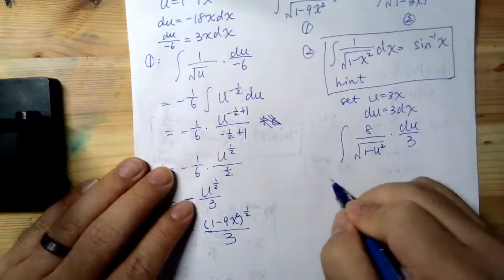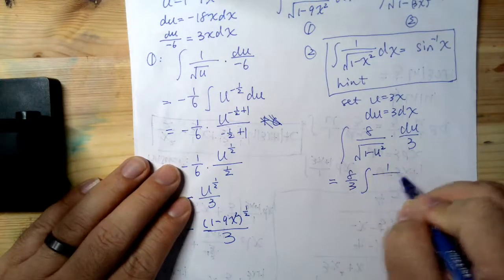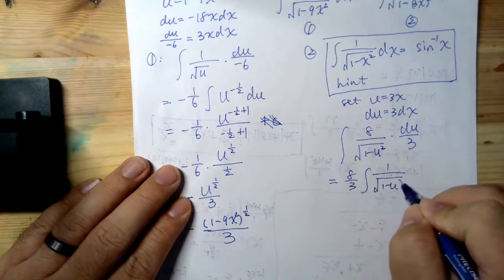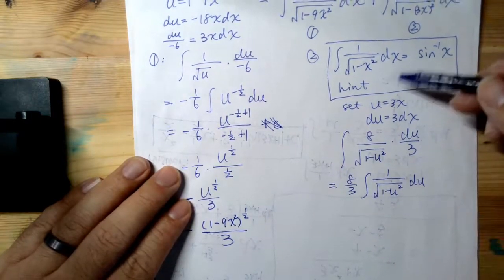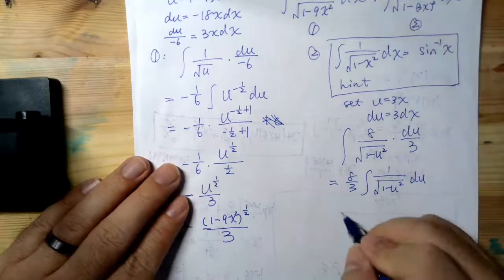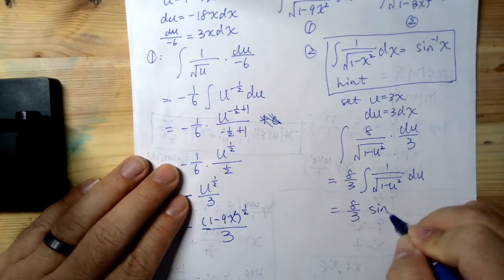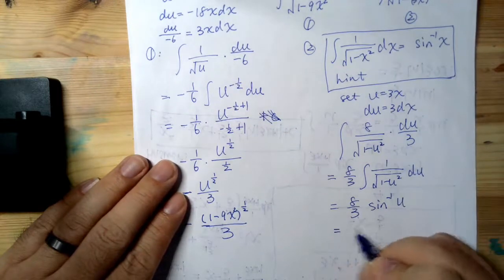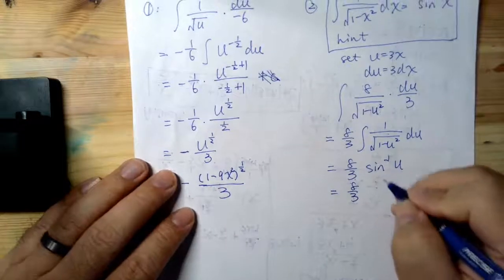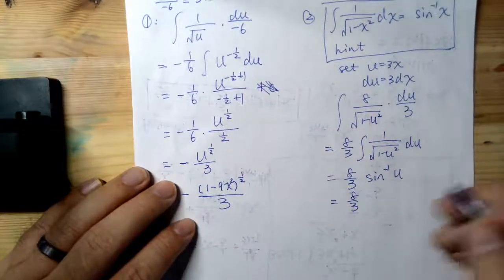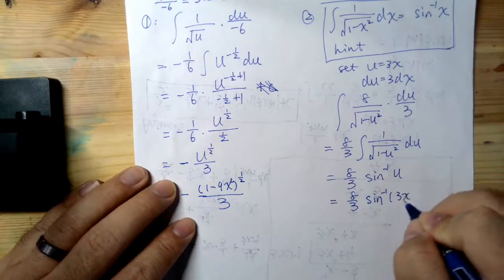So we're going to have 8 over 3 integral 1 over square root of 1 minus u squared du. Now this matches perfectly with this hint. So it's going to give us 8 over 3 sine inverse of u. Put this u back with 3x. So we have 8 over 3 sine inverse of 3x.